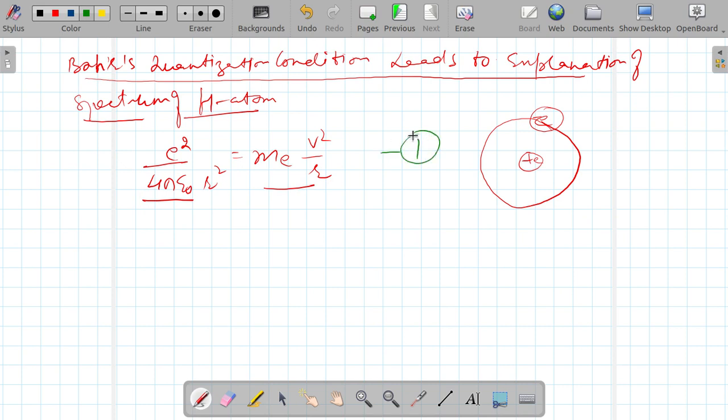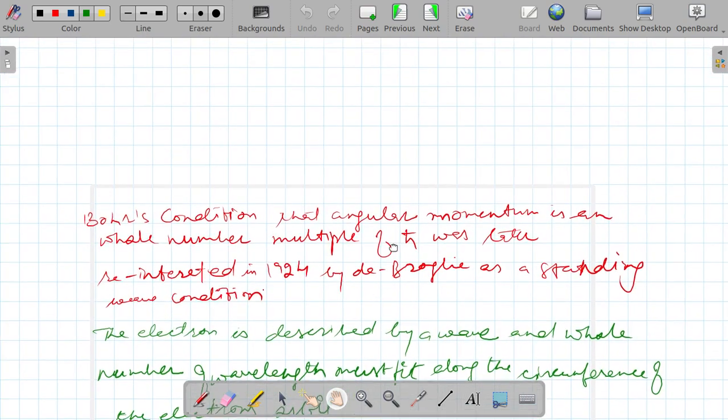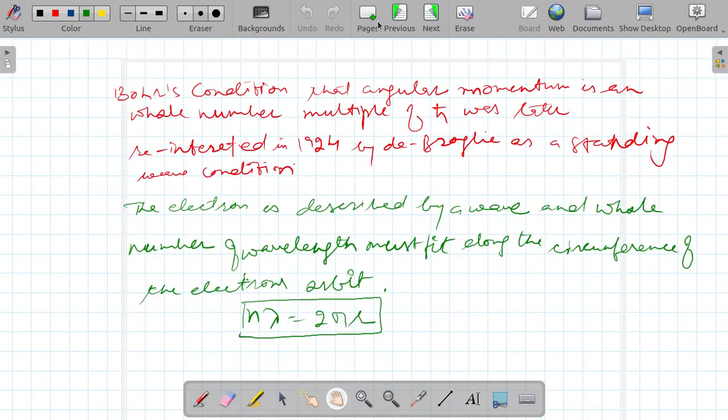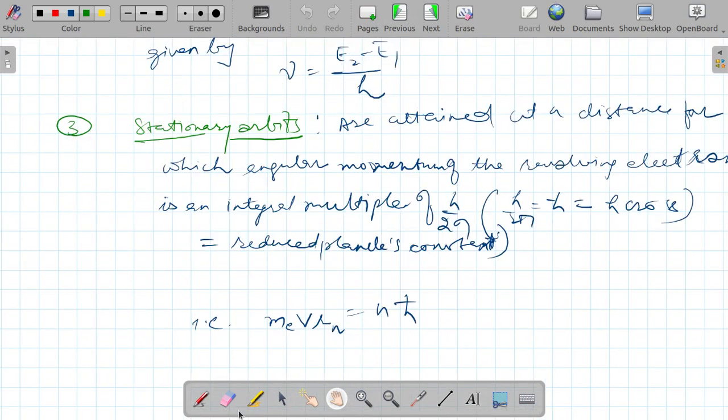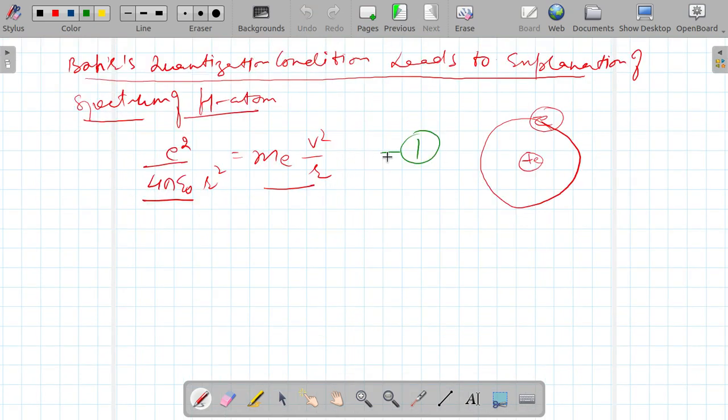Let me call it equation number 1 and this as equation number 2, and the next I will call it equation number 3.